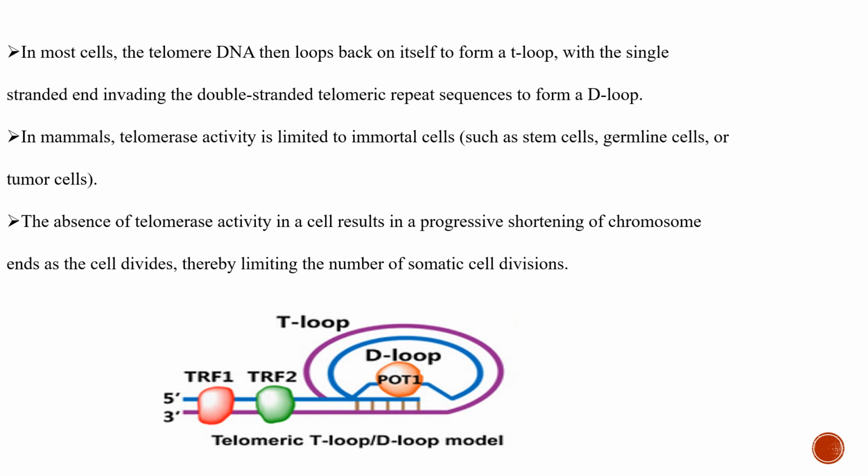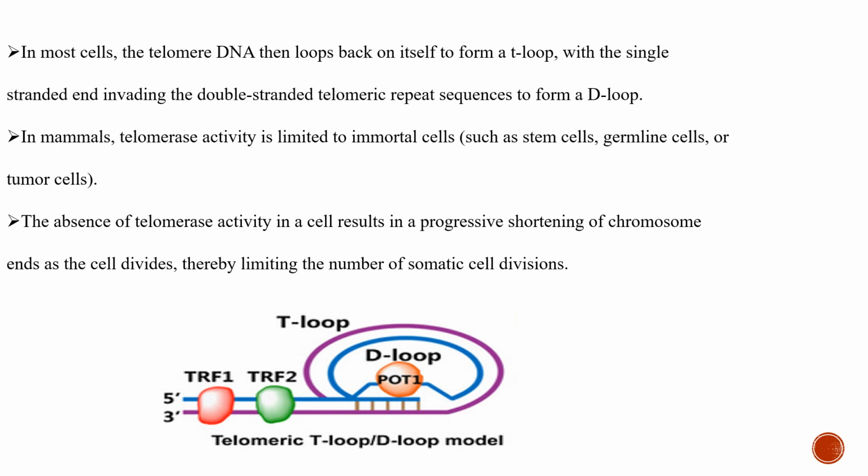But if you see the tumor cells, they are immortal cells, and one of the reasons for that is telomerase activity. Those tumor cells have very high telomerase activity, and as a result they never lose their information, and they go on replicating and dividing continuously.